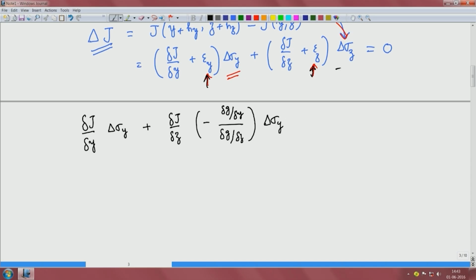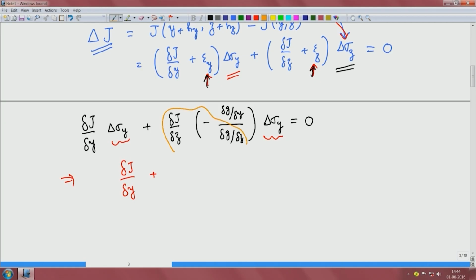We eliminated delta sigma z with this and make it equal to 0, because to first order the objective function should also not change. And since this thing is arbitrary, we say what multiplies it is equal to 0. So, this implies delta j plus delta y. Now, we will make the trick or whatever notation that we used earlier, including the negative sign.